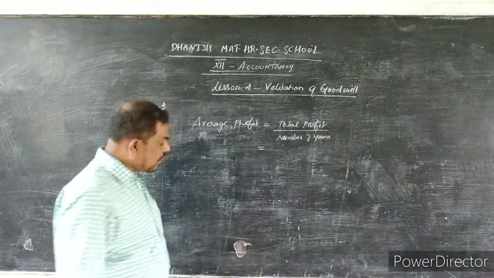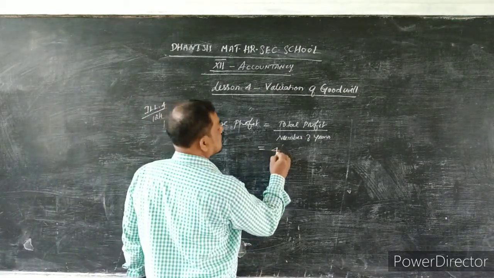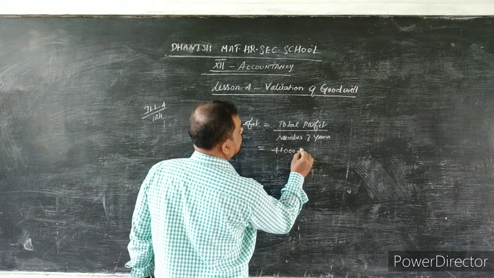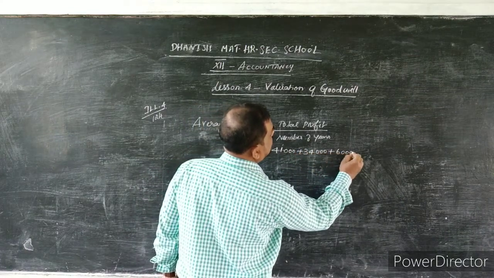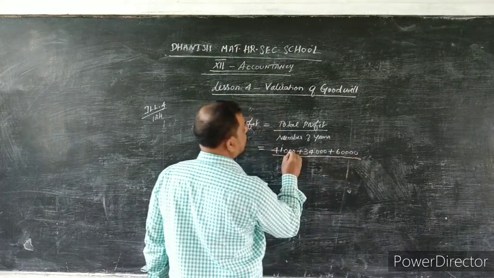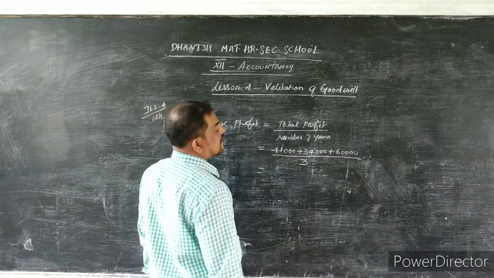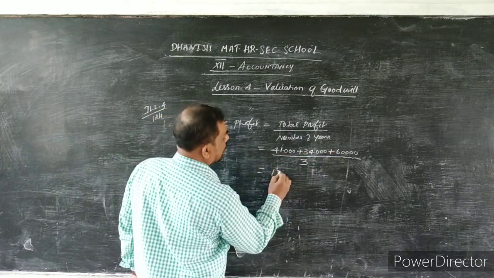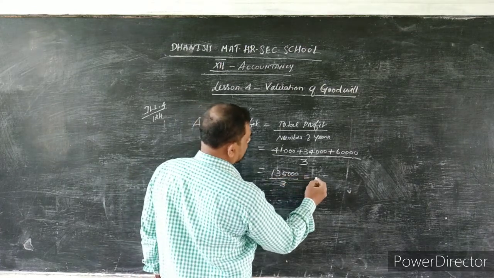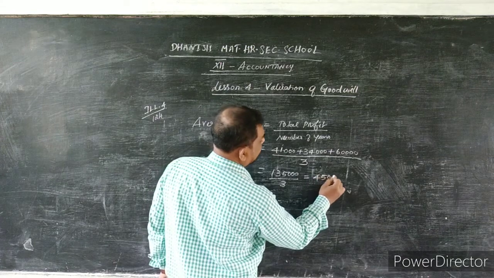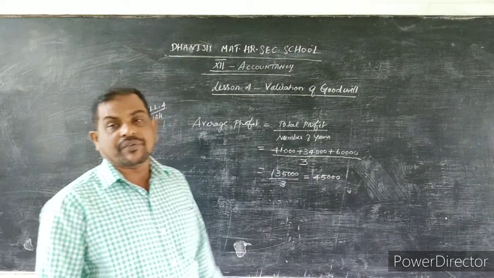The total profit is 41,000 plus 34,000 plus 60,000, divided by how many years? 1, 2, 3. So divided by 3. 40 plus 30, 70. 75 plus 60, 1,35,000 divided by 3. That is equal to 45,000. Rupees 45,000 is the average profit.